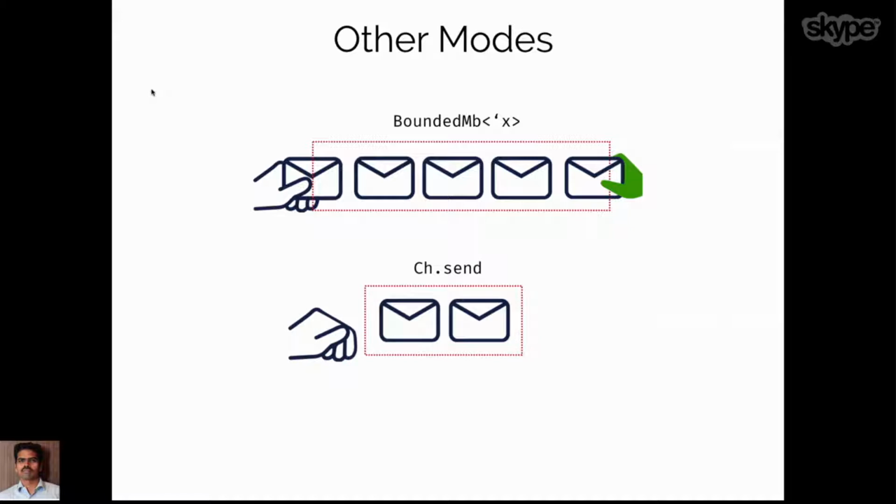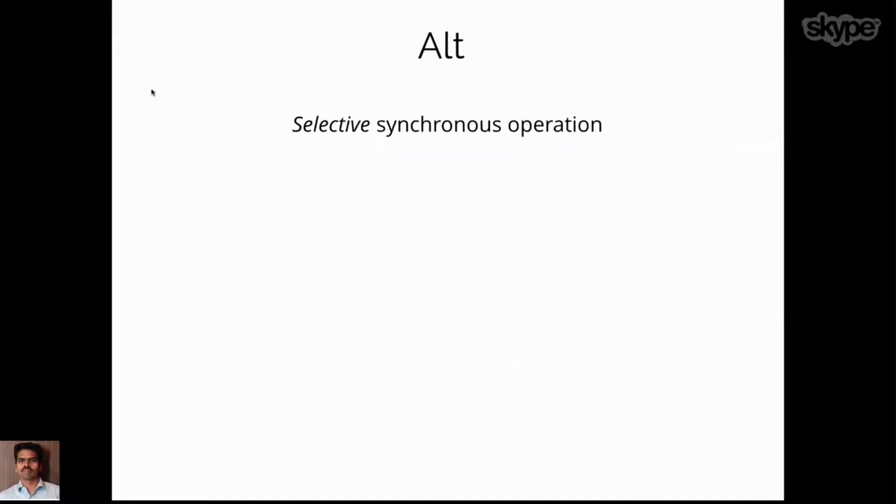There is also another function called channel.send, where we can send messages without waiting on the other side. These are other modes with which we can solve this problem in another way. So that is channels for us.